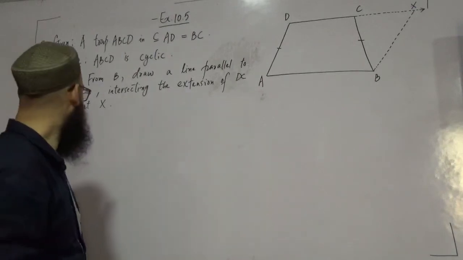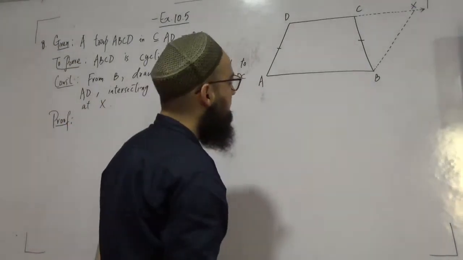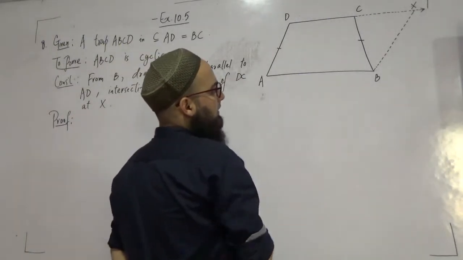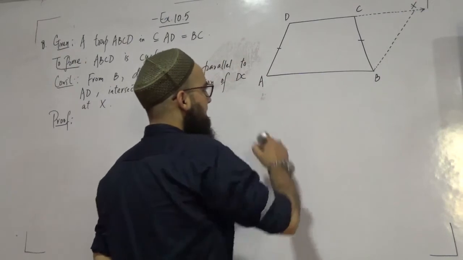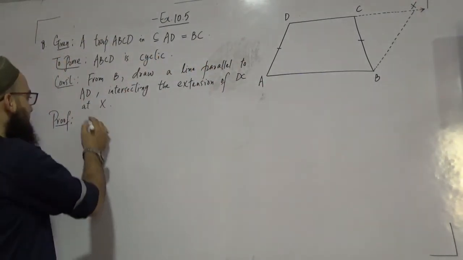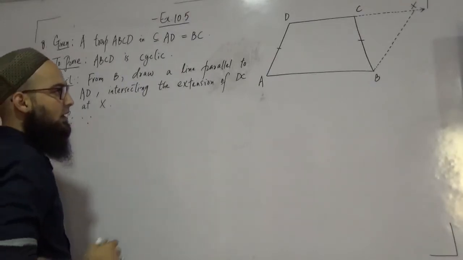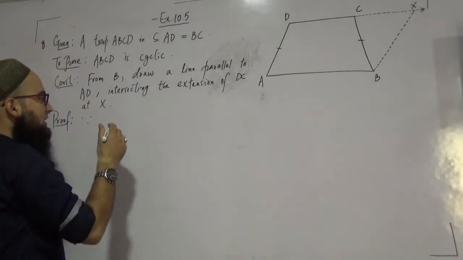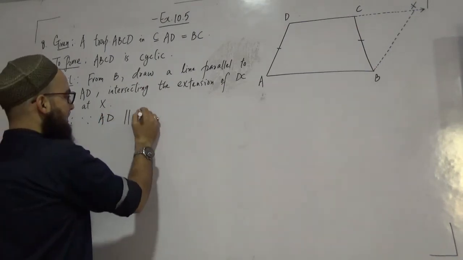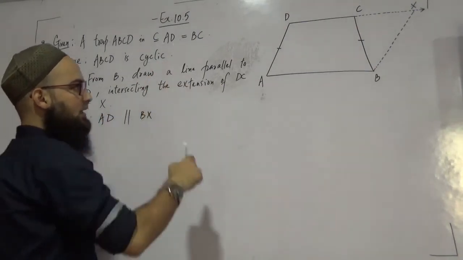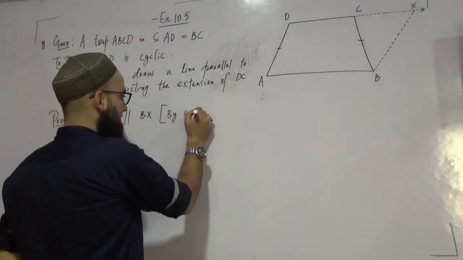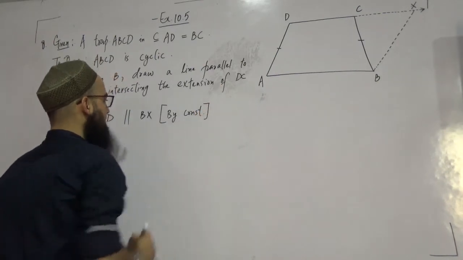Let's have the proof. Let me name these angles. Or first of all, we can do one thing. Since AD is parallel to BX by construction, we just constructed it.